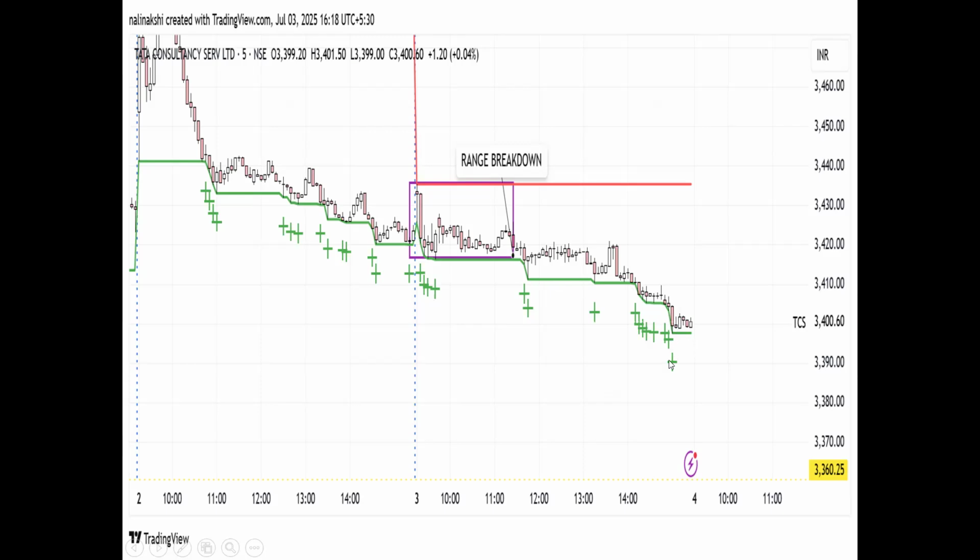The market made a low of 3,397. So this will help you to take the trade. It is a clear thing, you can see price is not expanding above this red line. This is the resistance plotted over here. And new lows are plotted again and again. That is an indication that the market is weak.